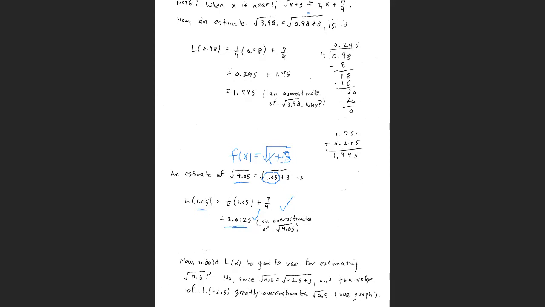Oh, how did I get 1.05 again? It's because the square root of 4.05 is equal to the square root of 1.05 plus 3. So for instance, let's say you wanted to estimate the square root of 4.12.